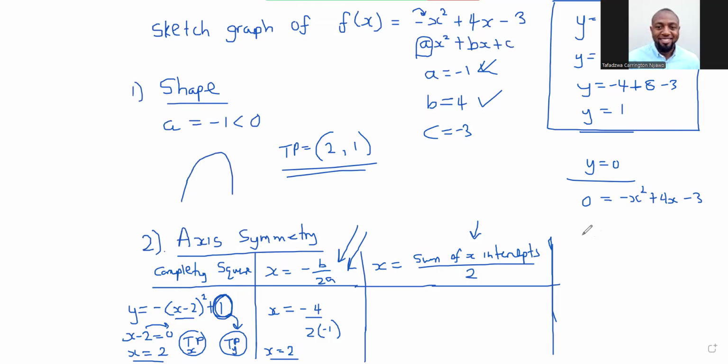So therefore, x squared minus 4x plus 3 is going to be equal to 0. Okay, and then factorize.